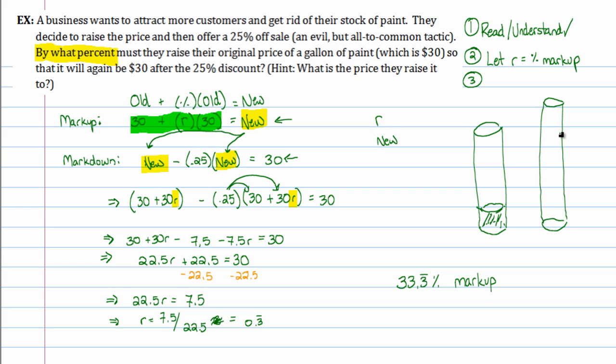And then if I were to take off 25% of this, well, 25% of that might be about this much. So if I chop that much off of it, look what I've done. That distance is not very big now, right? It's actually smaller than the original cylinder. So what you have to do is take a bigger percentage of the original cylinder. So let me just start over again.